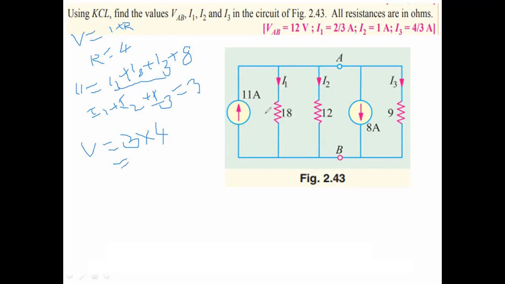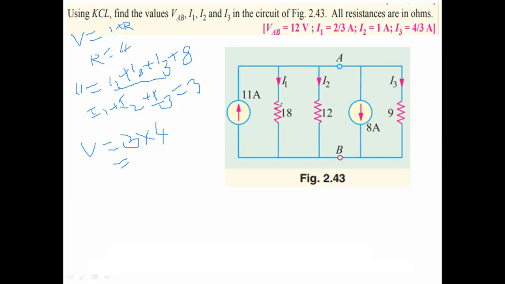The difference of these two currents is 3, 11 minus 8. So the total current in the circuit is the sum of I1 plus I2 plus I3, and that gives I.